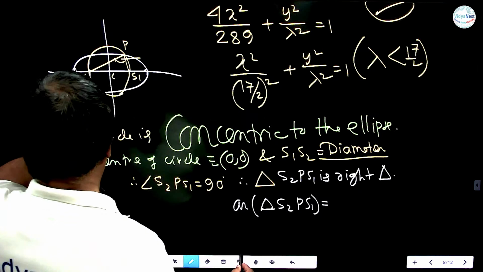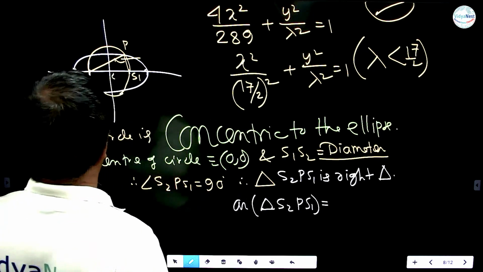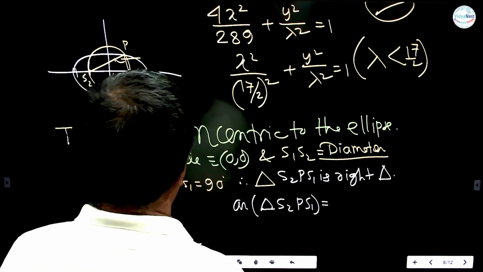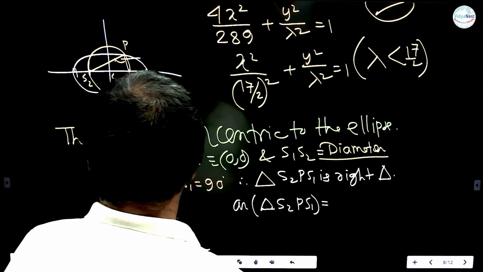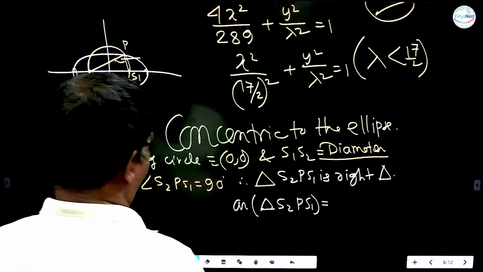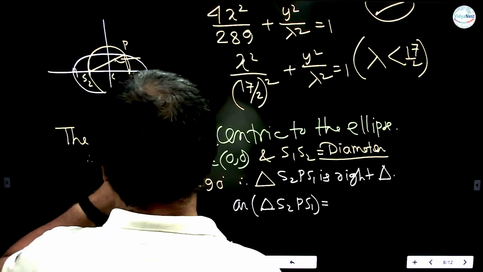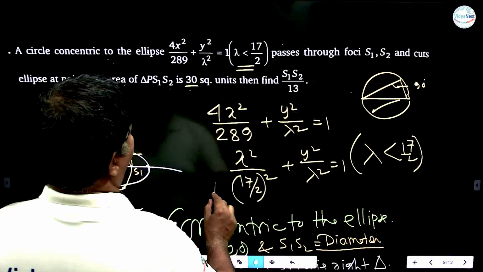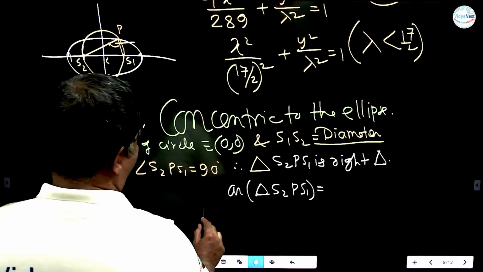But the area of the right angle triangle we can find, yet there is no such value given. One minute. The circle passes through S1, S2, and S1, S2 we have to find.